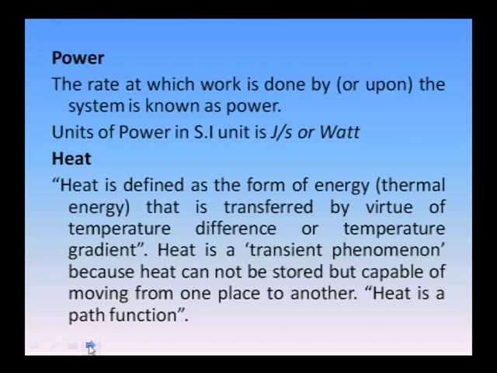Heat is defined as a form of energy, that is thermal energy, that is transferred by virtue of temperature difference or temperature gradient. Here the potential difference to transfer the heat is temperature difference. If there is a temperature difference, then only the heat can transfer from one place to another. Heat is a transient phenomenon because heat cannot be stored, but is capable of moving from one place to another. Here heat is a path function, whereas work is a point function.